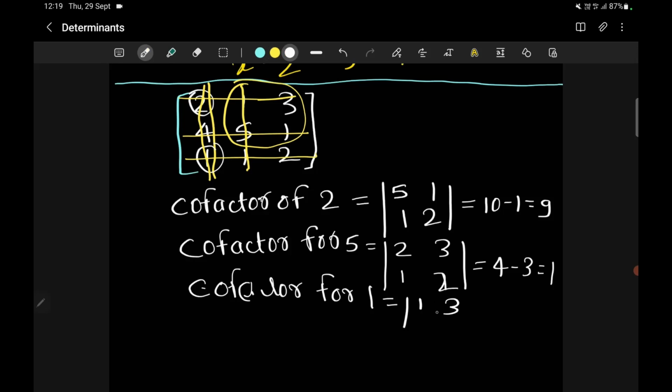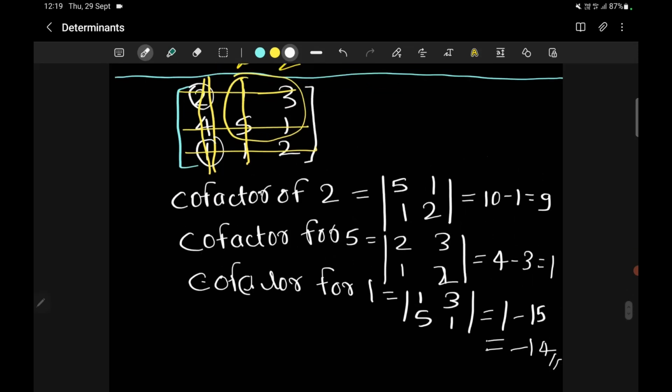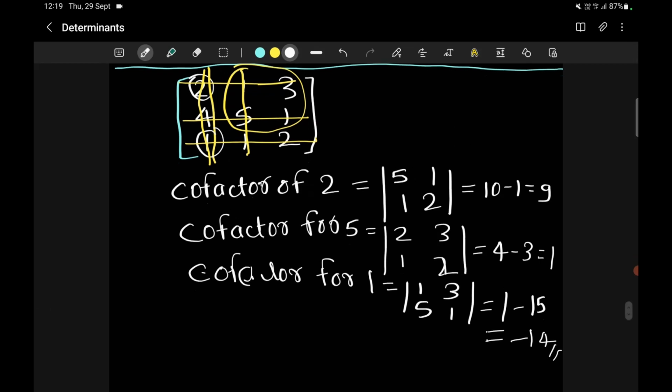This will be 1, 3, 5, 1. After solving you will get 1 minus 15. This will be minus 14. Because of the time constraint, I will not solve the full problem here. You can find notes in the description section.